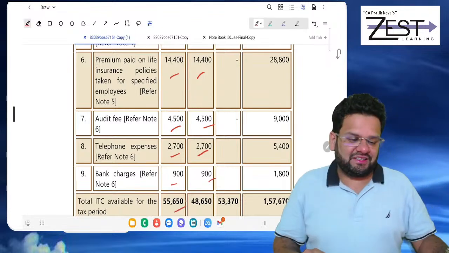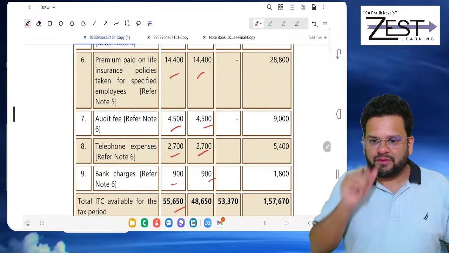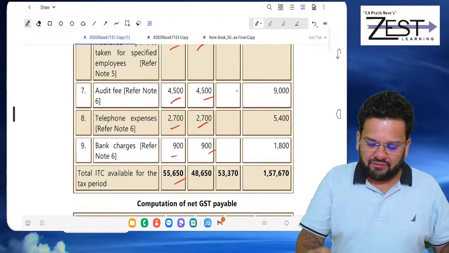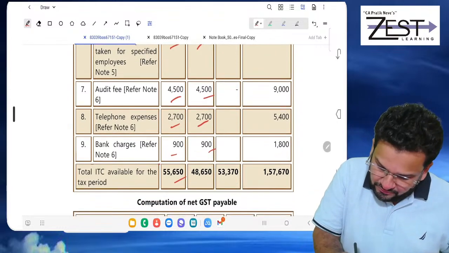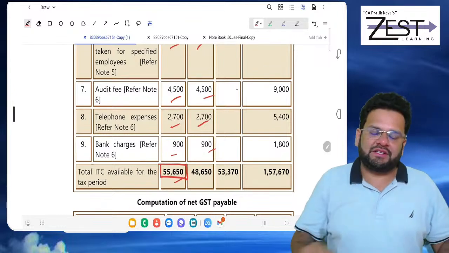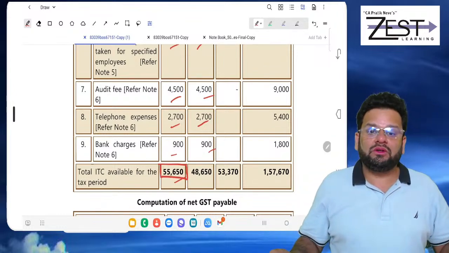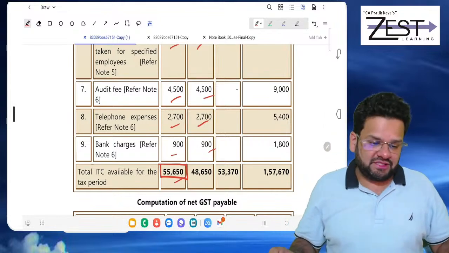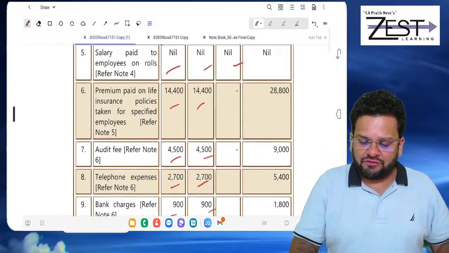All the figures that you had taken, exactly those figures I have added. I am getting 55,650. But don't think that SGST will be same, because opening balance was different.